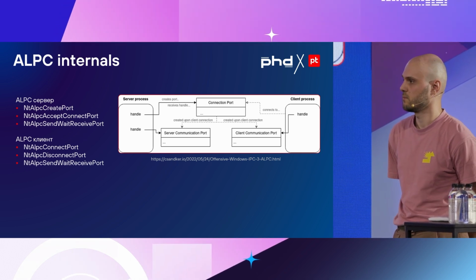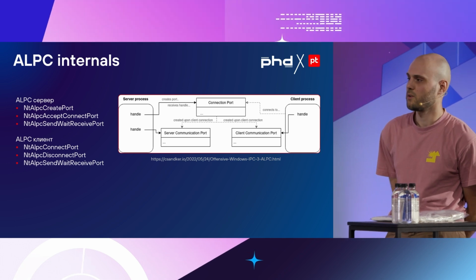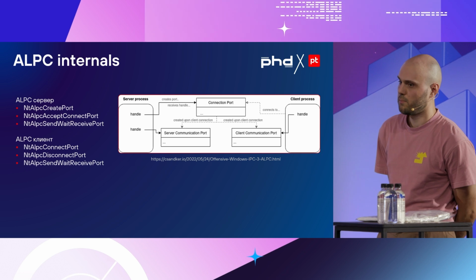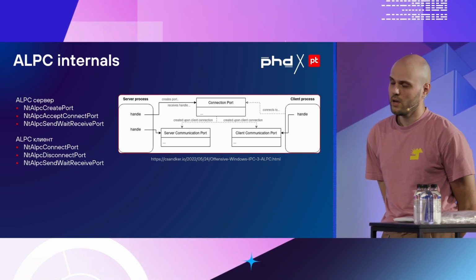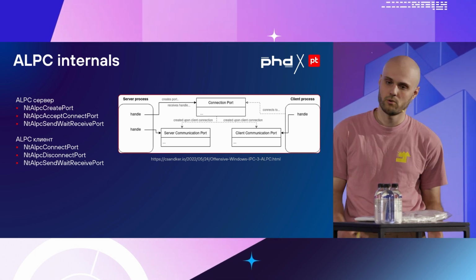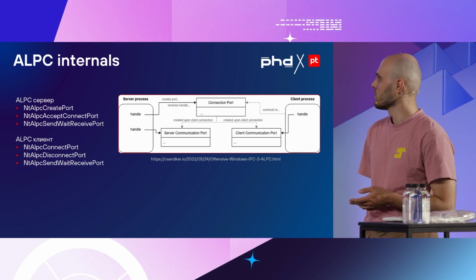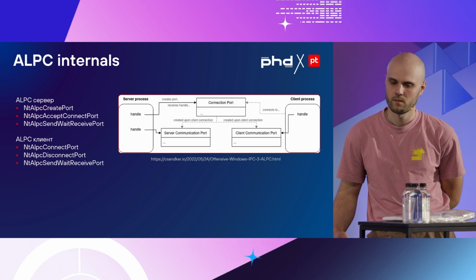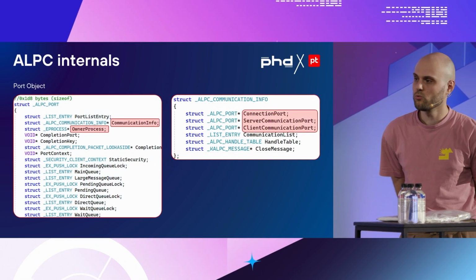And at this moment, if the server has accepted the connection, maybe it has some security protection, access control, then 2 other ports are created, the client port and server port. They have no name and they are used by the client to send ALPC packets, and the server would use its port also to send ALPC packets.